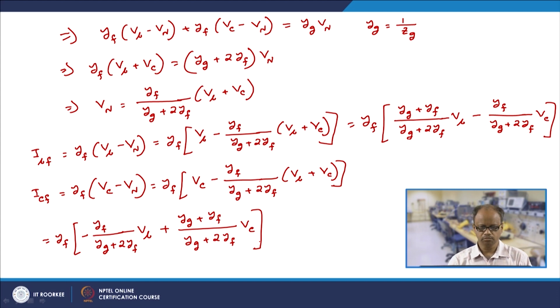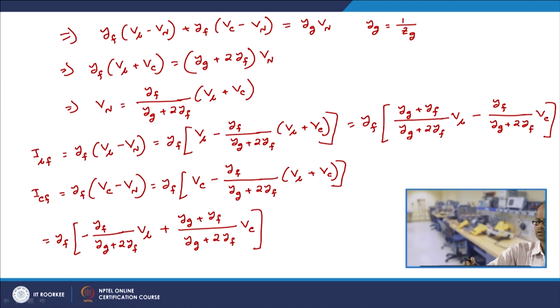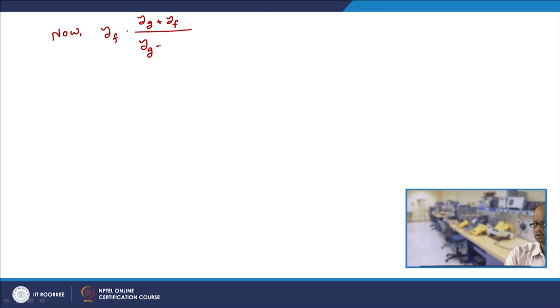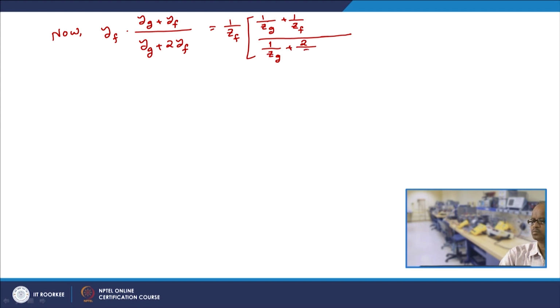Now we will do a little simplification. Yf into (Yg plus Yf) by (Yg plus 2Yf), what do we get? It is 1 by ZF into (1 by ZG plus 1 by ZF) by (1 by ZG plus 2 by ZF).